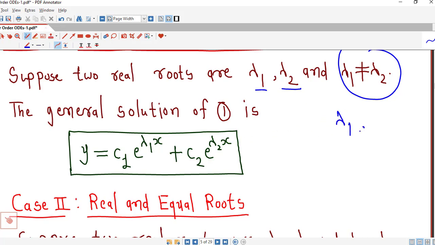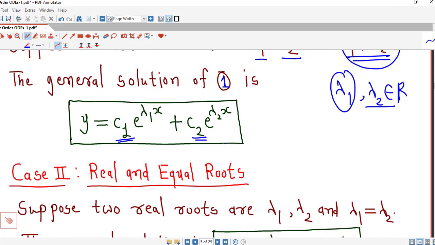If we have two real and distinct roots, then the general solution of equation 1 is y = c1 times e^(lambda 1 x), here lambda 1 is written here, plus c2 e^(lambda 2 x), lambda 2 is written here, where c1 and c2 are arbitrary constants, and because the order of the equation is 2, we must have two arbitrary constants in the general solution. So this is the first case.